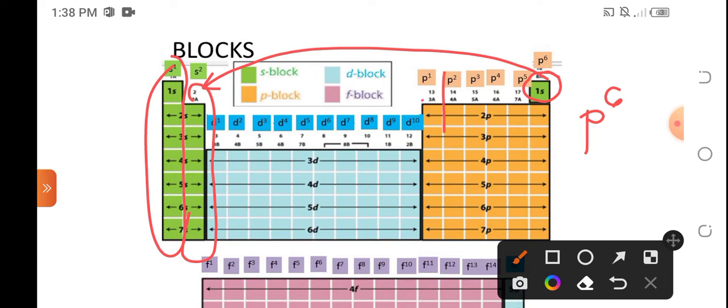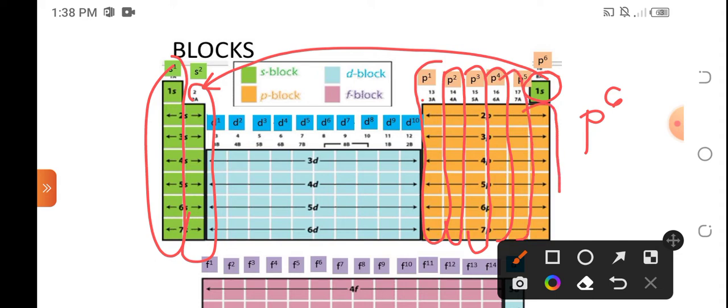So everything here under the boron group is P1, and the carbon group is P2. All elements under the nitrogen group are P3, for oxygen it is P4, then for halogens it is P5, and all inert gases except for helium will have P6.